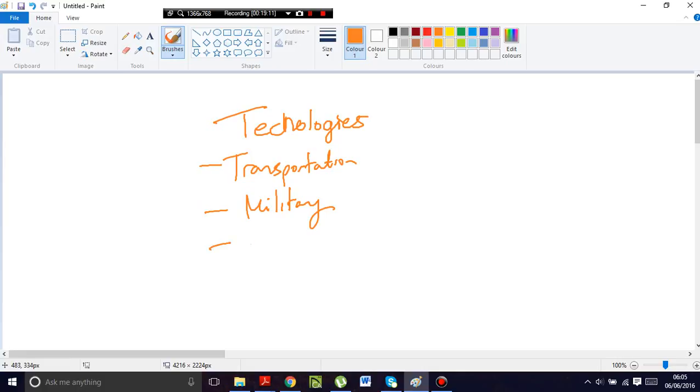There are, of course, military and communication technologies that were very important as well. The military technologies were, of course, powerful weapons. By the middle of the 1800s, European armies were using breech-loading firearms with rifled bores that were far more accurate and reliable than any other firearm.